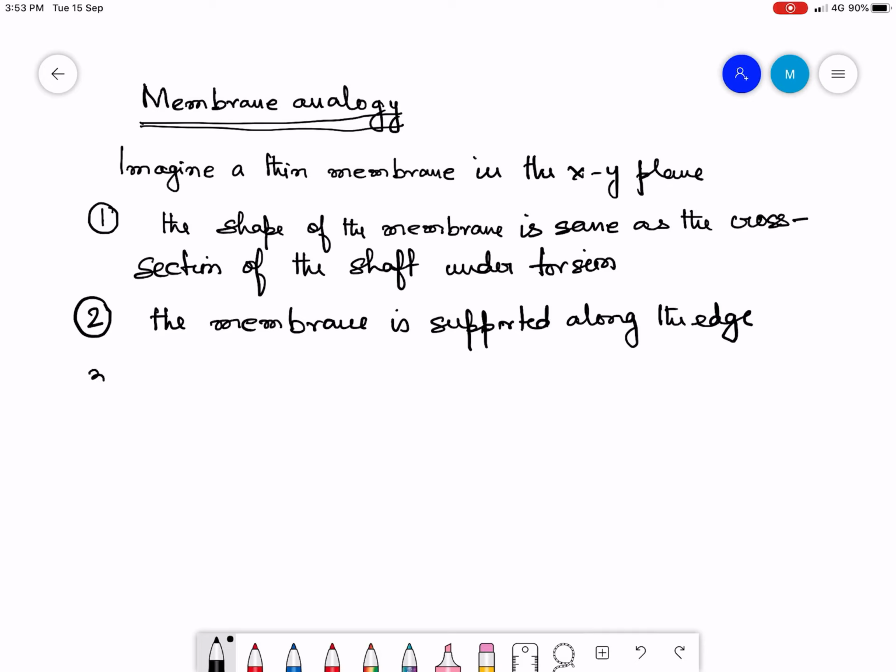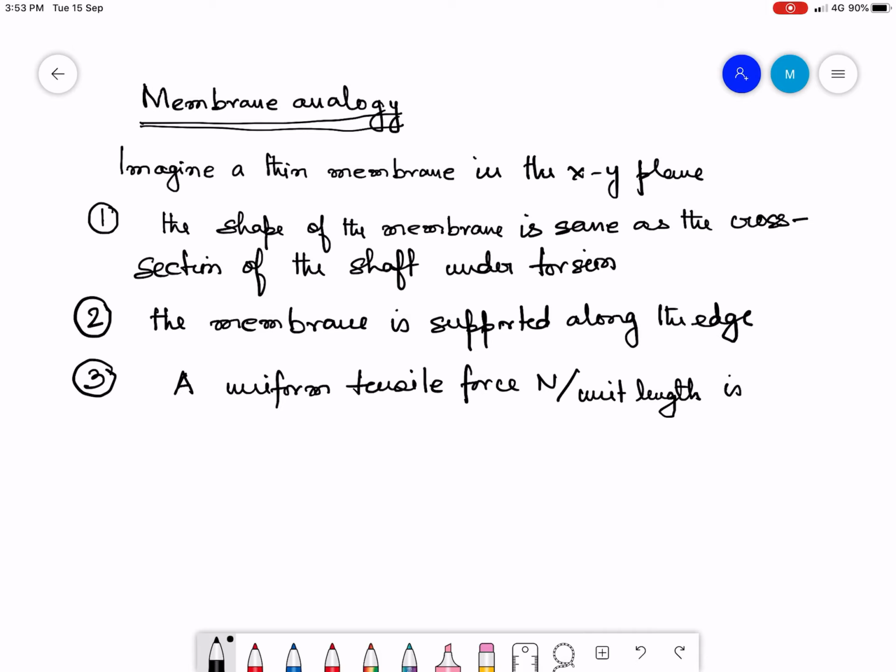Now, the third point is that a uniform tensile force N per unit length is acting along the edge in normal direction.